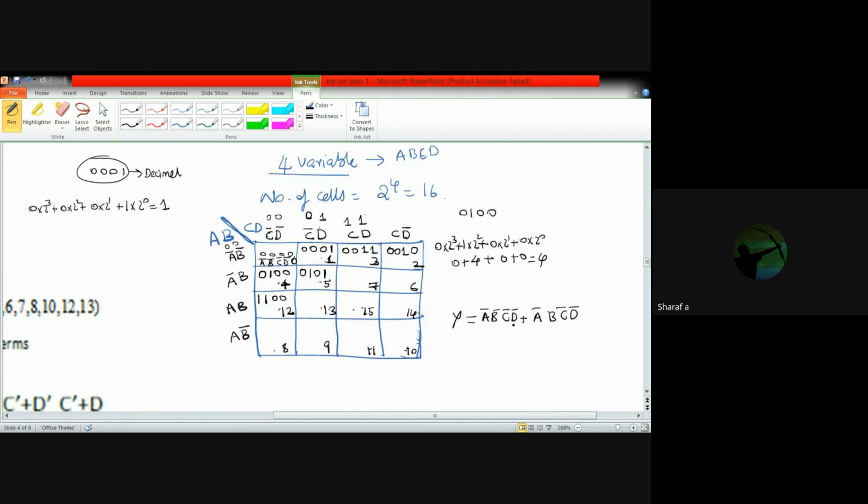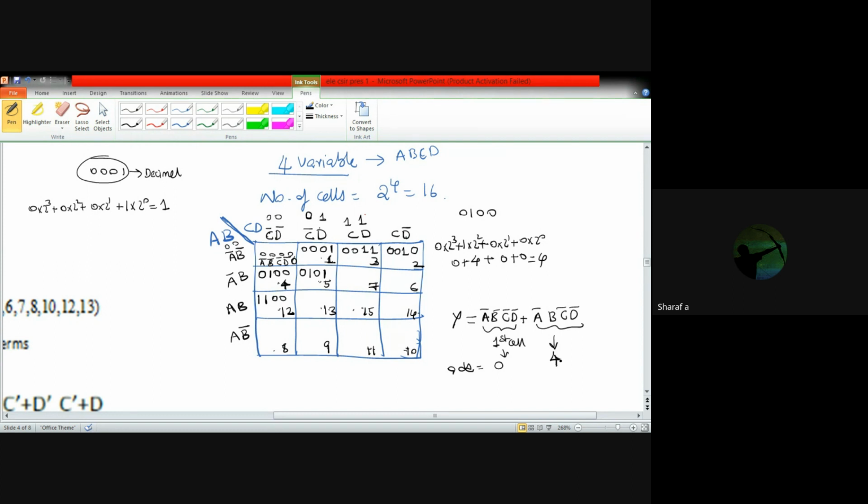Let's say this is the expression. So the first term represents the first cell with address 0, right. Address is 0.